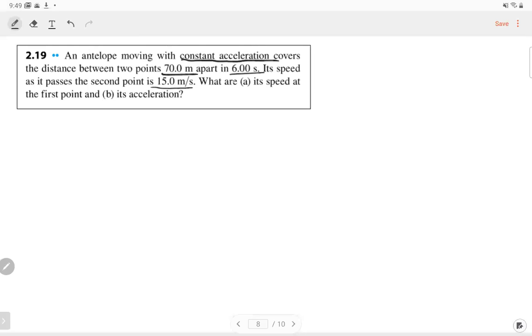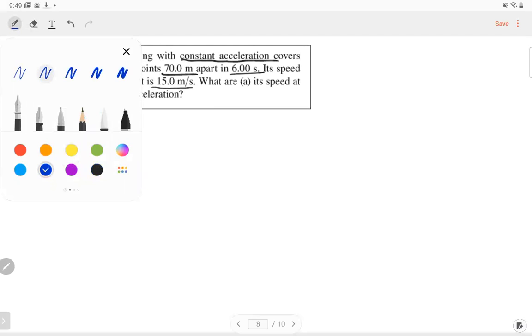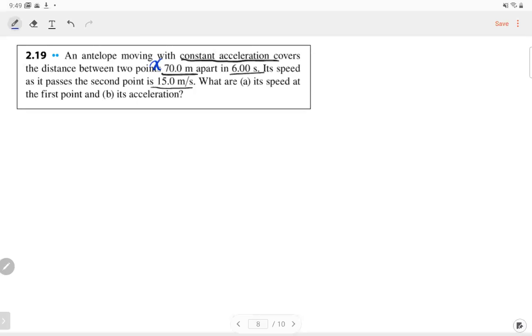Okay, so here we have 3 parameters. Let's figure out. The 70 meters is displacement. This is displacement. 6 seconds is time, and the 15 meters per second is the final velocity.